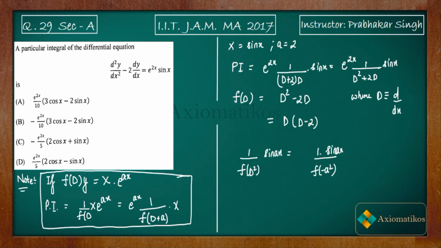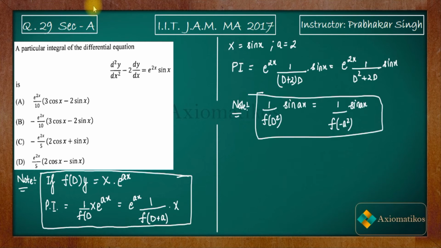Using this, the particular integral will be e^(2x), and since our a in this case is 1, we have to put minus 1 in place of D squared. So we will get 2D minus 1 over sin x.